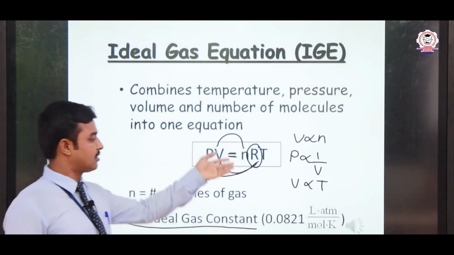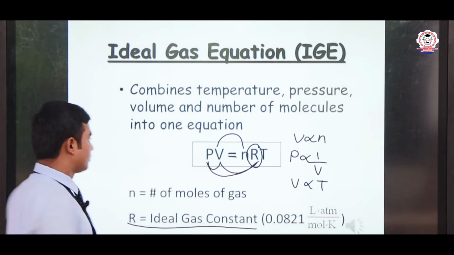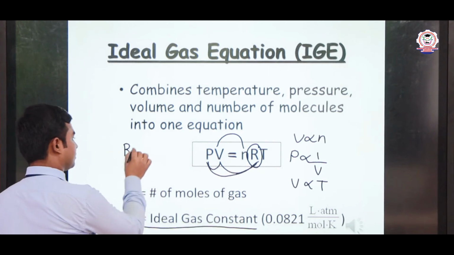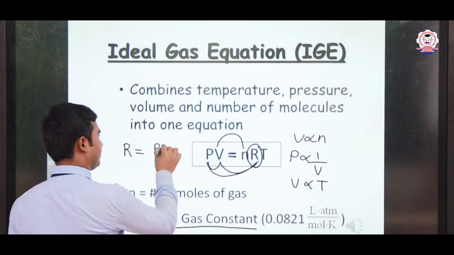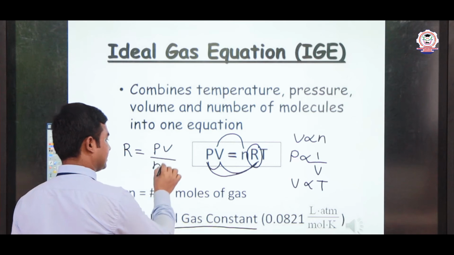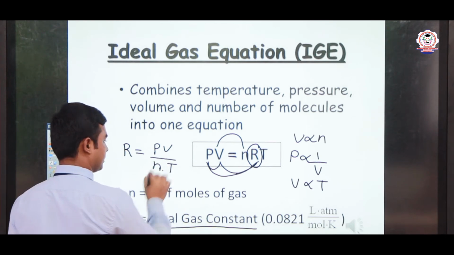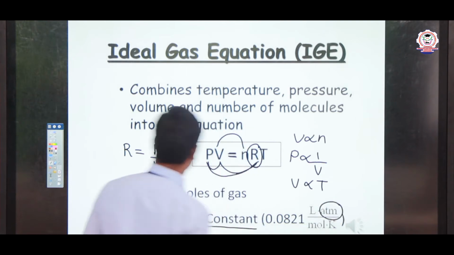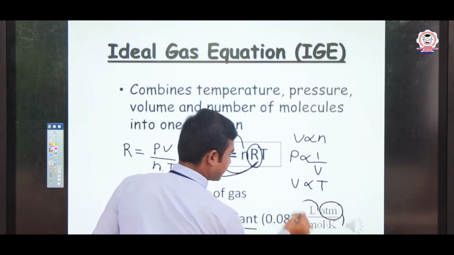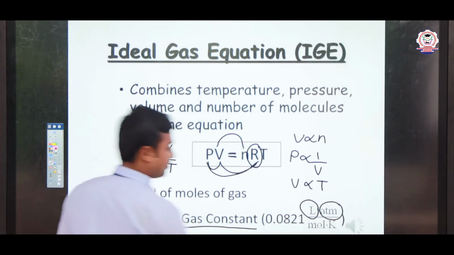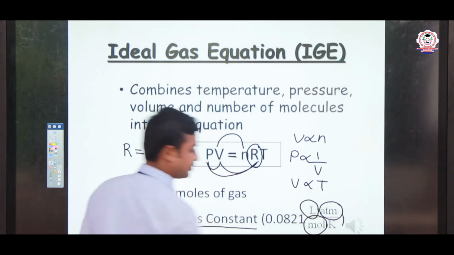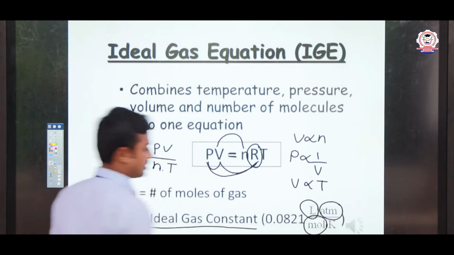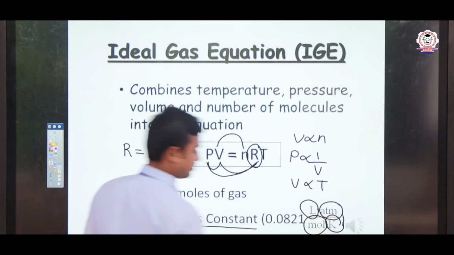Here R is the universal gas constant or ideal gas constant. How can we find the R value? If you want to know R, you can write PV divided by nT. The unit of pressure is atm, volume is liter, number of moles is mol, and temperature is Kelvin.